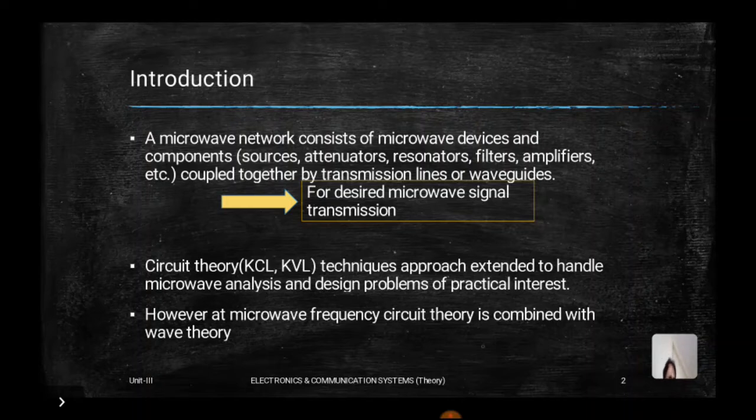At microwave frequency, we don't totally neglect circuit theory, KCL, KVL or Y parameters, but we will use them to certain extents wherever we need them. It will be quite useful, and we will use it in a different way.